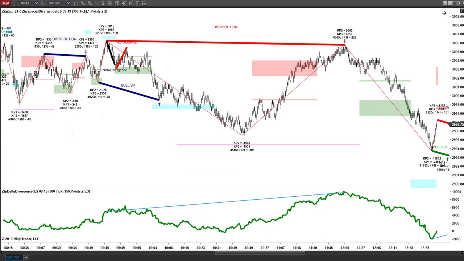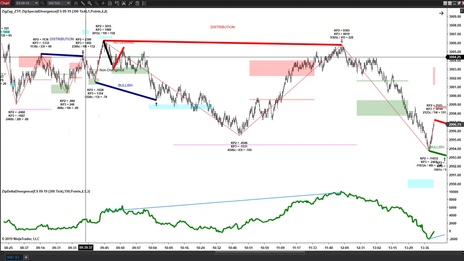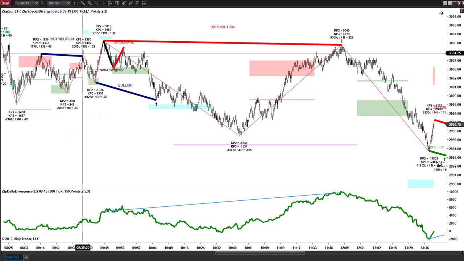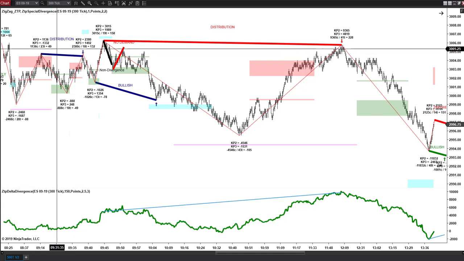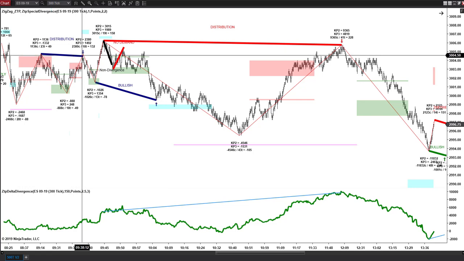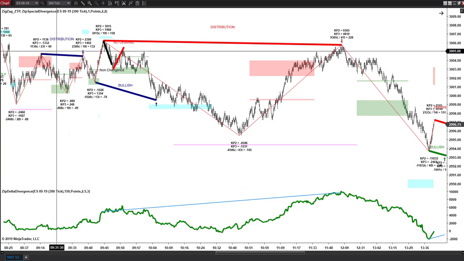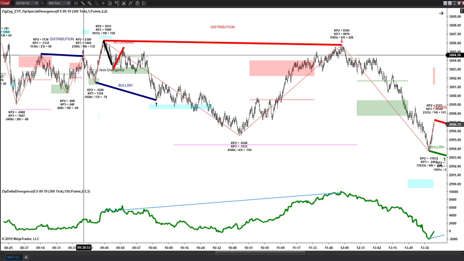We have a similar read the day before on Thursday the 11th, where when price initially traded after the open, we saw that there was heavy distribution occurring here at this distribution trade. Now, as I've said on previous videos, the only reason that this distribution trade is showing non-divergent is because price equaled the previous high.